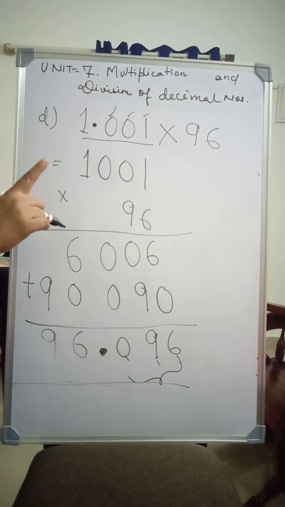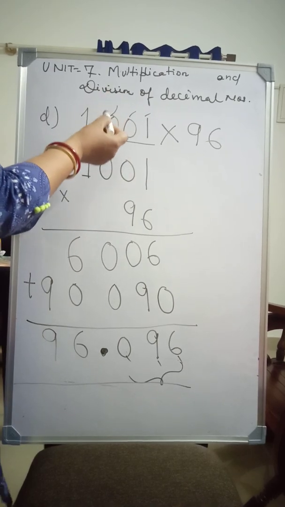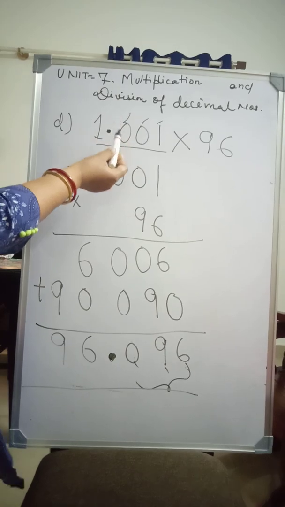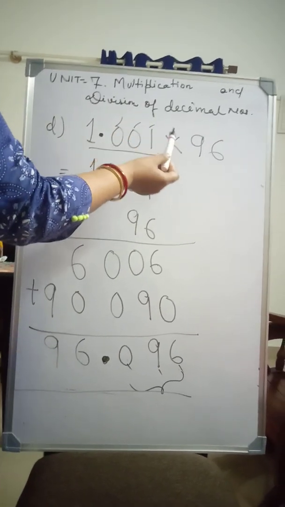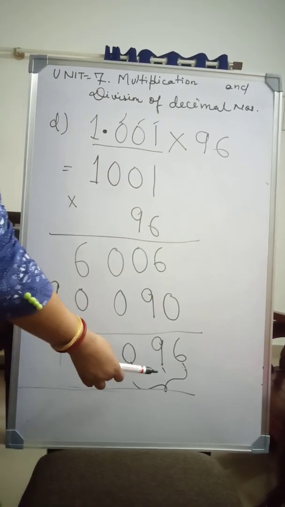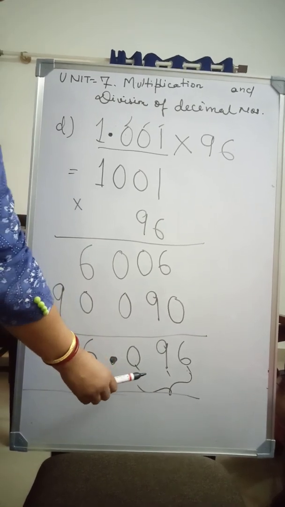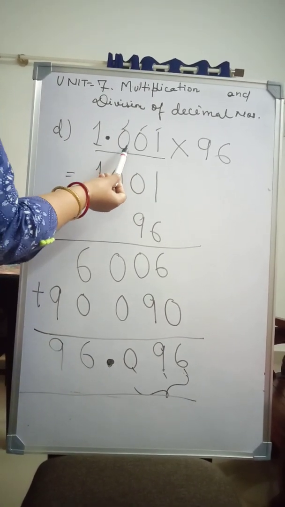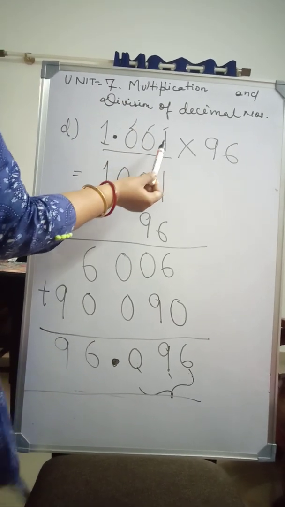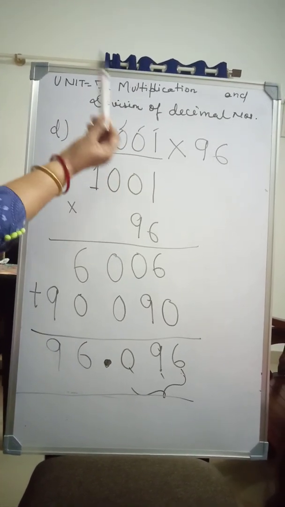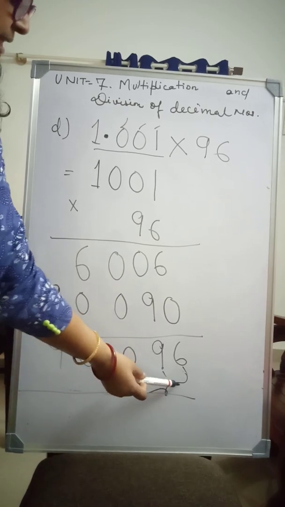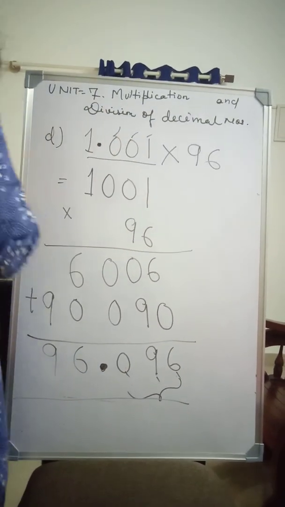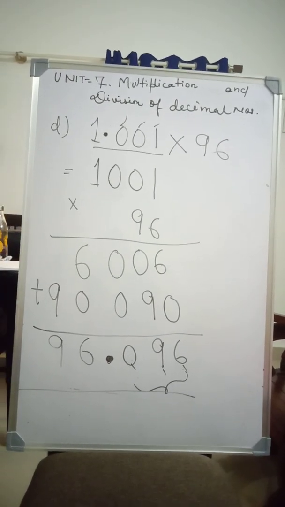One thing you have to remember: the sum of the decimal places of the multiplicand and the multiplier will be equal to the decimal places of the product. Here only the multiplicand has decimal places, so the number of decimal places of the multiplicand will be equal to the number of decimal places of the product. Always remember it. Now come to question number 2.